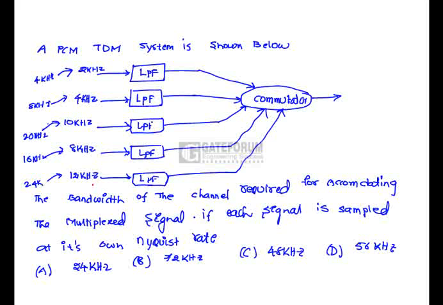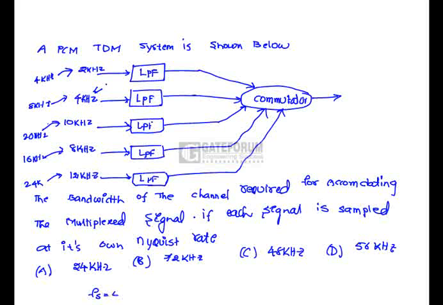If we take 4 kilohertz as the first signal, we can divide this into 2 signals. A 2 kilohertz signal is sampled at its own Nyquist rate if we sample once. For the next signal, suppose we keep the sampling frequency fs as 4 kilohertz.